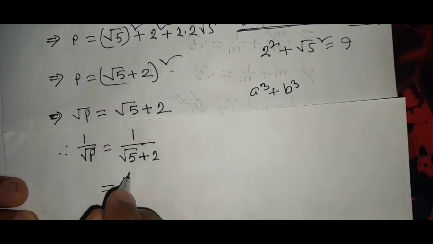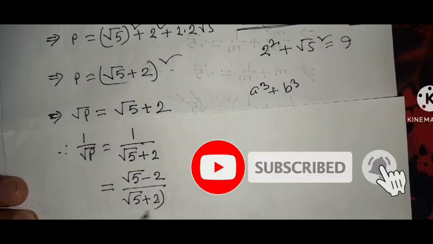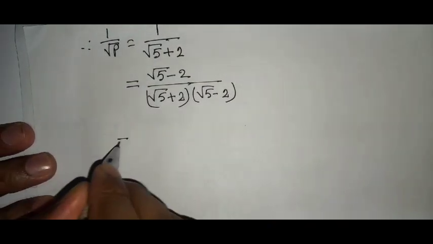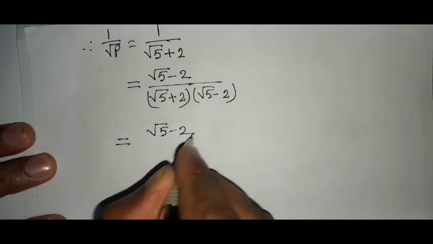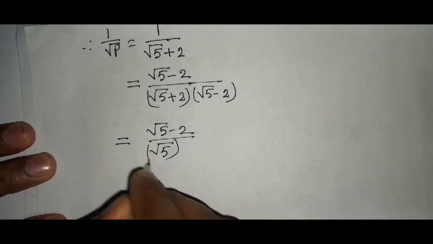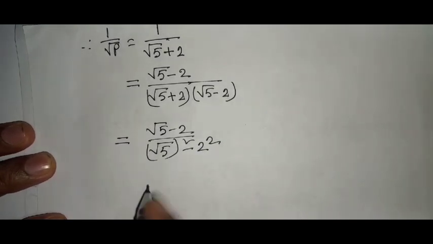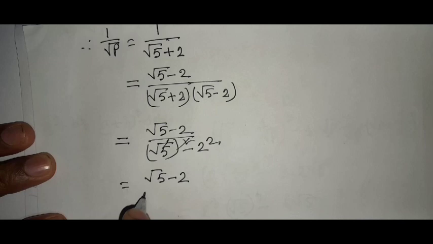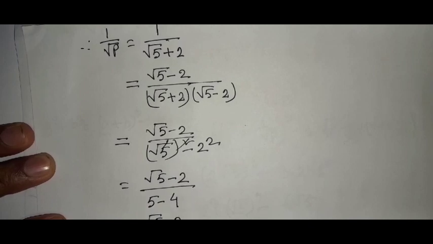Now we multiply the denominator and numerator by root 5 minus 2: root 5 minus 2 by root 5 square minus 2 square, which is root 5 minus 2 over 5 minus 4, equal to root 5 minus 2 by 1.